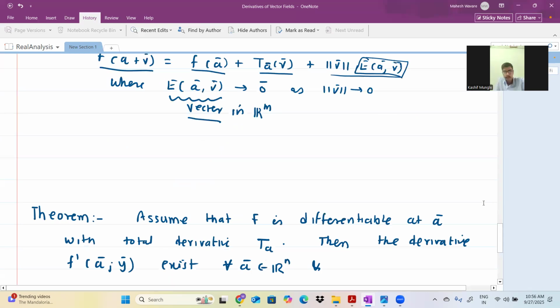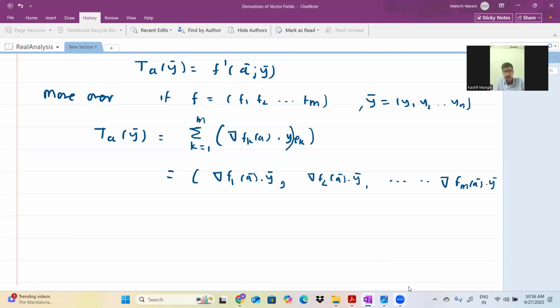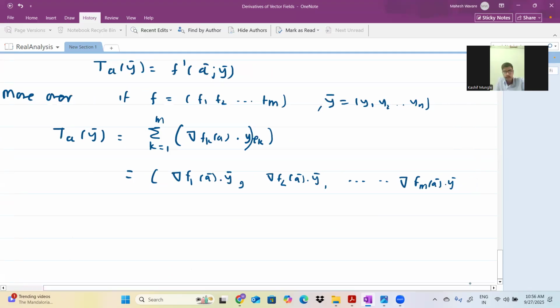You see, each component is a dot product of this vector. So this value is a scalar, and your e k is a vector. So the kth component of this TA of y, the meaning of it is this. Okay, we'll prove this.